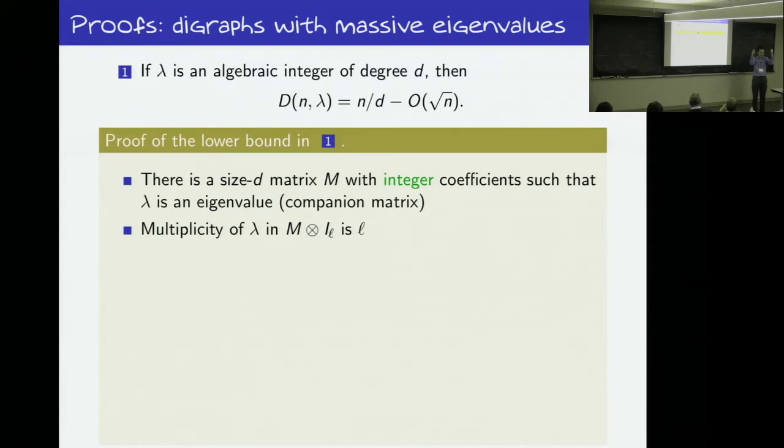If somebody gives you a monic polynomial, you can just write down a matrix of size the degree of that polynomial, whose characteristic polynomial is the polynomial you were given. This is just an explicit thing, very easy. Basically, it looks almost like a diagonal matrix. And this is the reason you're doing it for digraphs, because it's not symmetric. Yeah.